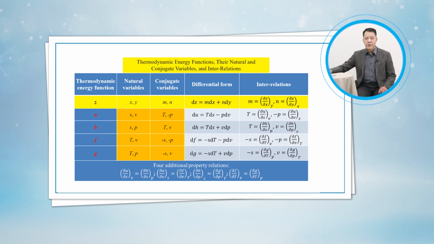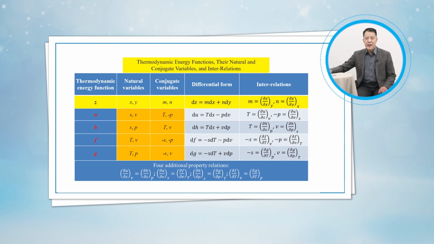For example, for the differential form of internal energy U, we have its conjugate variables appearing as the coefficients of differentials of its natural variables. This symmetry appears in the relations for the remaining functions as well.